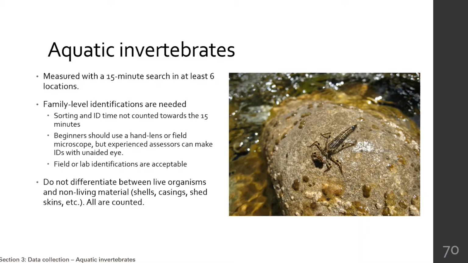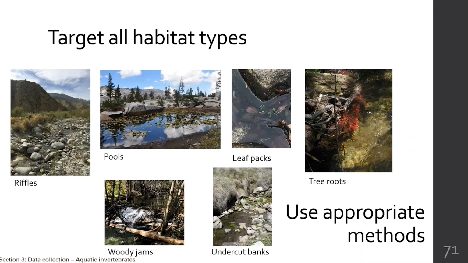The invertebrates that you count, you don't distinguish between living or non-living organisms. So whether it's a whole larvae versus just a cast skin, or the case of a caddisfly or a shell of a snail, those all count the same as an individual organism. We want to make sure to target all the habitat types that are available within the reach.